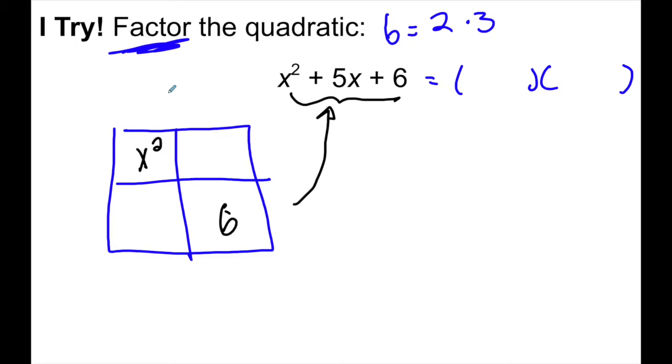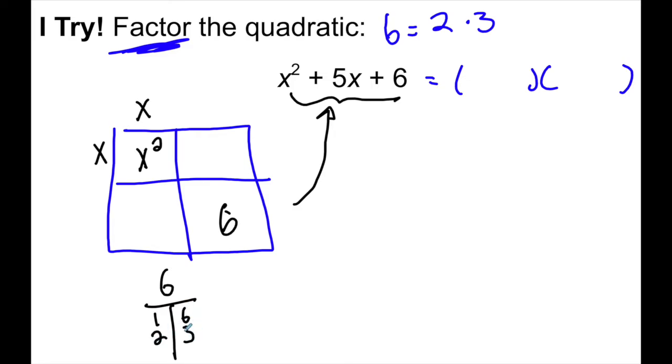So what would the outer part, right? We're trying to find the outer part. So what would that have to look like? Well, up here, I'd have to have an x, and to the left, I'd have to have an x, because that's the only way to multiply and get x times x, which is x squared. What about 6? How could I get 6? Well, I could do 1 and 6. I could do 2 and 3.